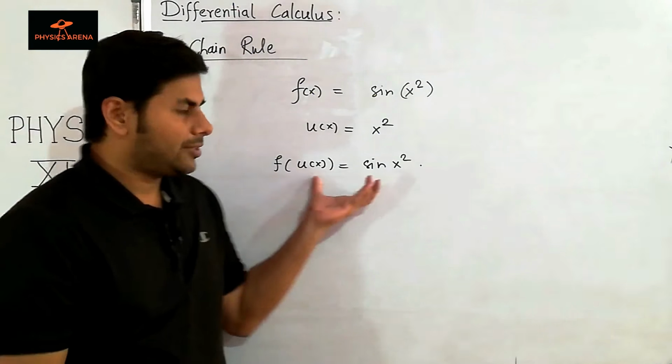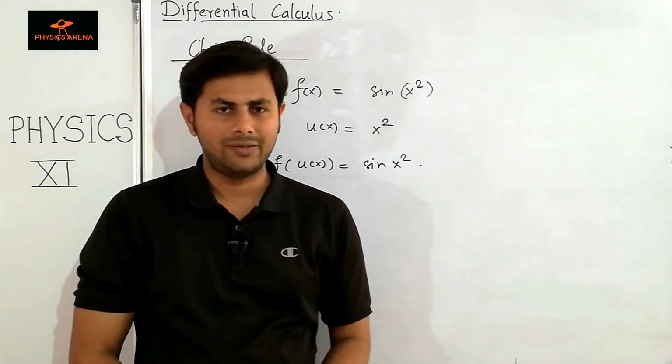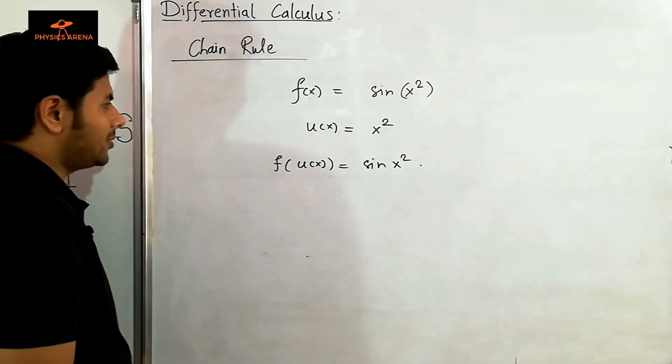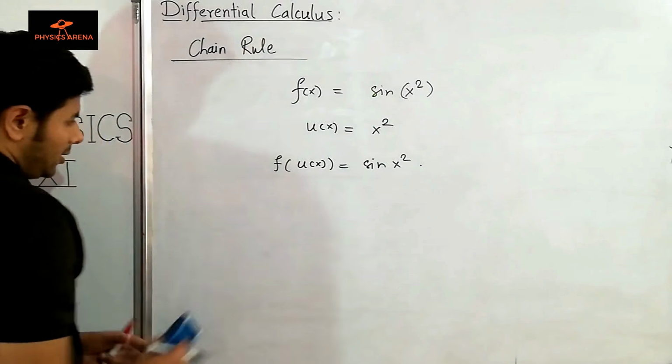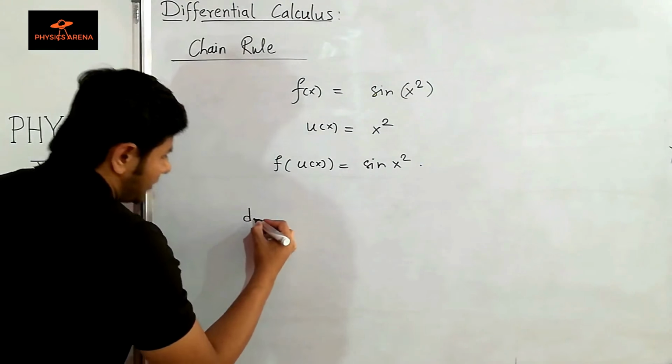So it is a function of a function. It is called a composite function. So how to find the derivative of a composite function? For that we use the chain rule, and the chain rule goes like this.